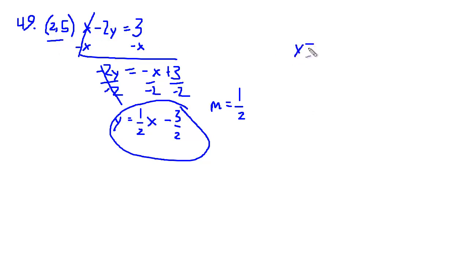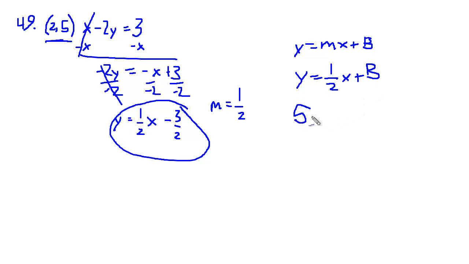So y is equal to mx plus b, and what I'm going to do is plug in my slope, and that gives me y is equal to 1/2 x plus b. Then I'm going to plug in my point. So the point that I have over here, this 2, 5, is going to get plugged in here, and it's going to give me a different y-intercept, because these lines are going to be parallel and they're not going to intersect.